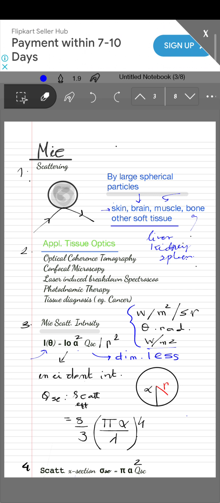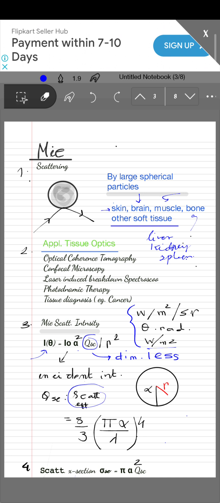And lastly, you have another quantity, the scattering efficiency, which is equal to 8/3 (alpha/lambda)^4. So Mie scattering, although it comes under the banner of elastic scattering, has some non-elastic parts associated with it as well, because of the large size of the radius, the large size of the tissue particles.